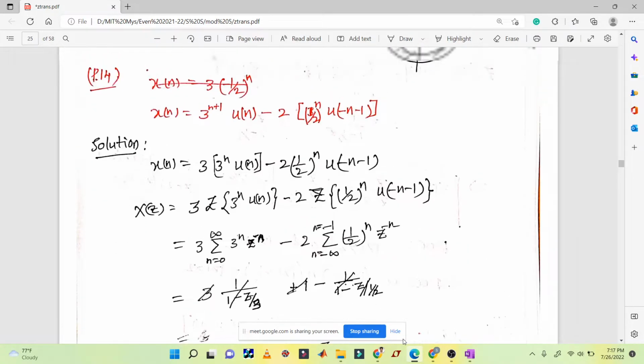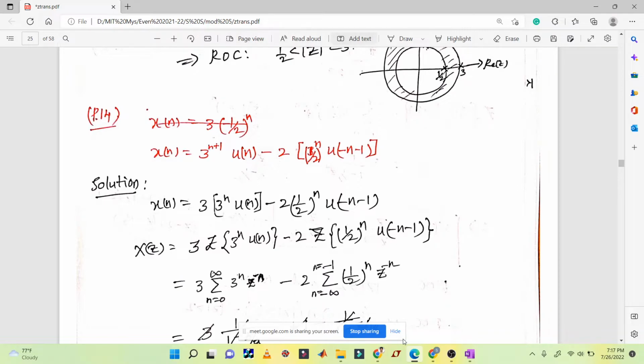So now the next problem is this one. x of n is equal to 3 to the power n plus 1 u of n minus 2 into 1 by 2 to the power n u of minus n minus 1.